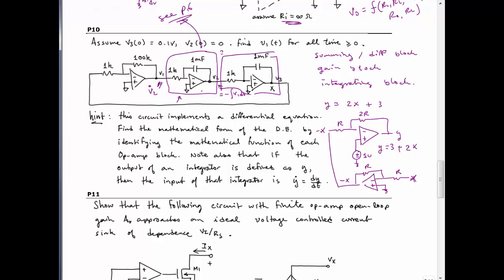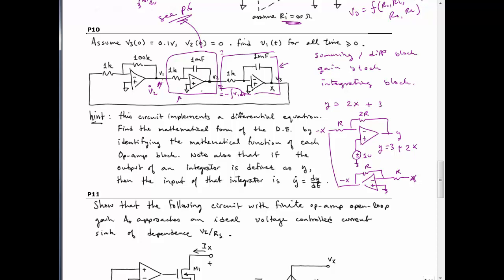These are equal. So for this guy on the right, the output is V3. The input must be V3 dot. If the input to the second integrator is V3 dot, and that's also the output of the first integrator, then the input of the first integrator must be V3 double dot.